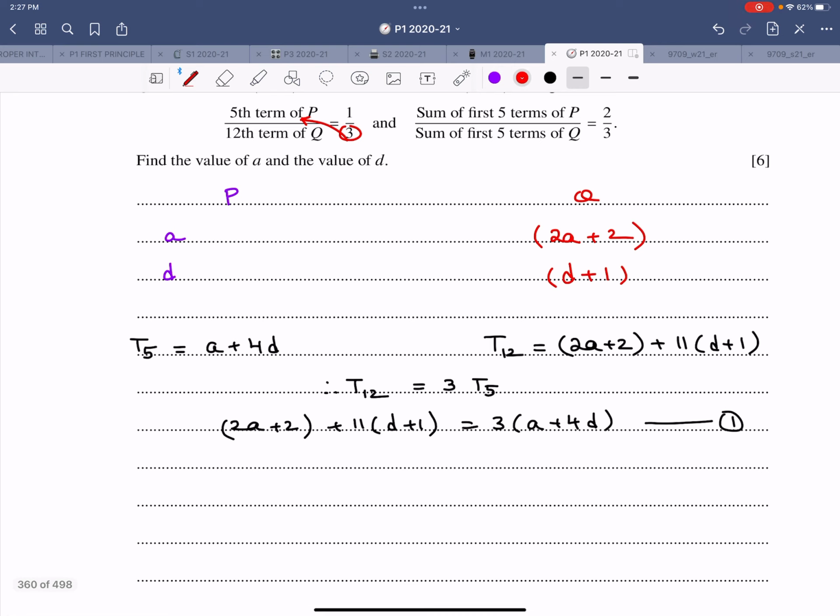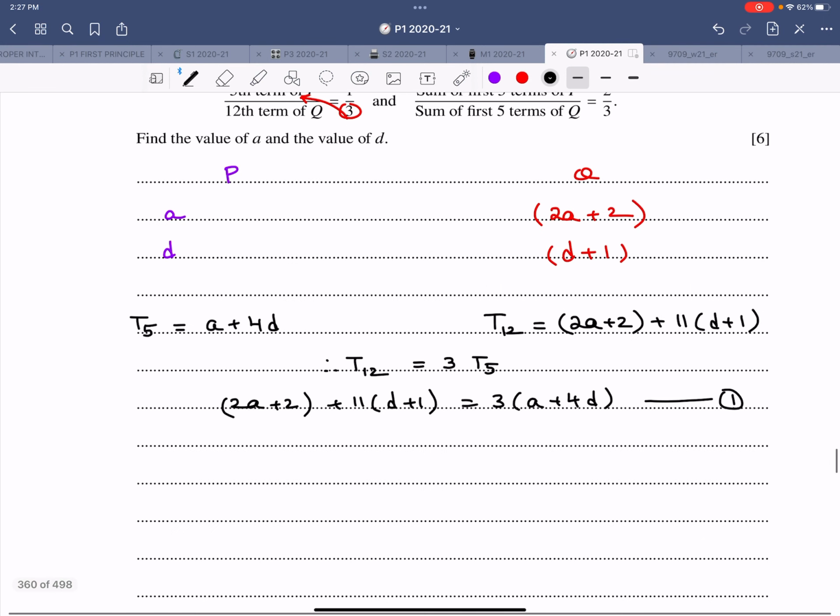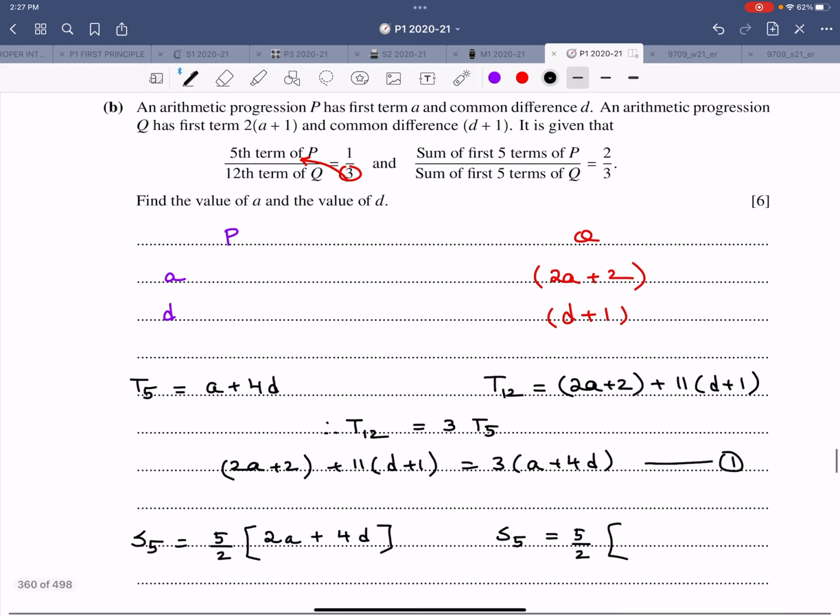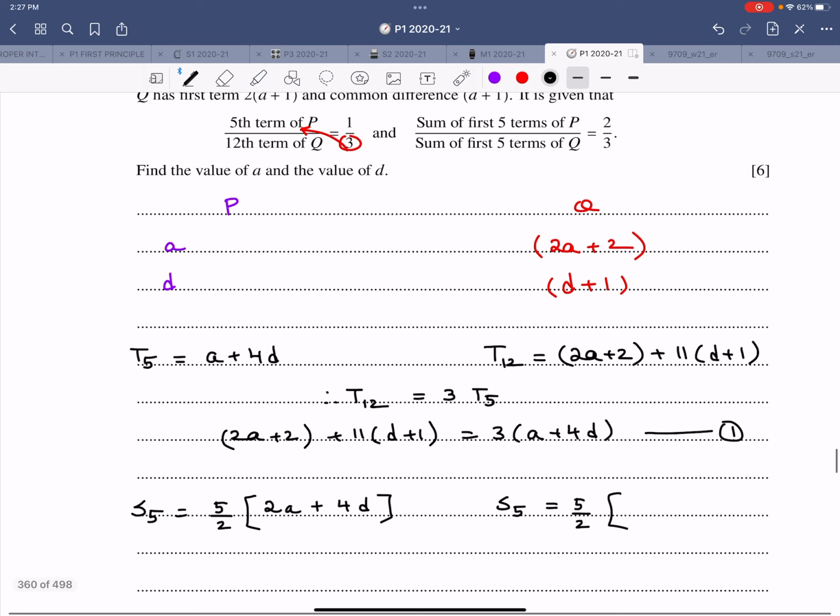Now the next piece of info is about the sum. Sum of first 5 terms of P is 5 divided by 2, times 2A plus (n − 1), which is 4D. And the sum of first 5 terms of Q is 5 divided by 2 still, times 2 times (2A + 2), plus (n − 1) which is 4, times (D + 1).